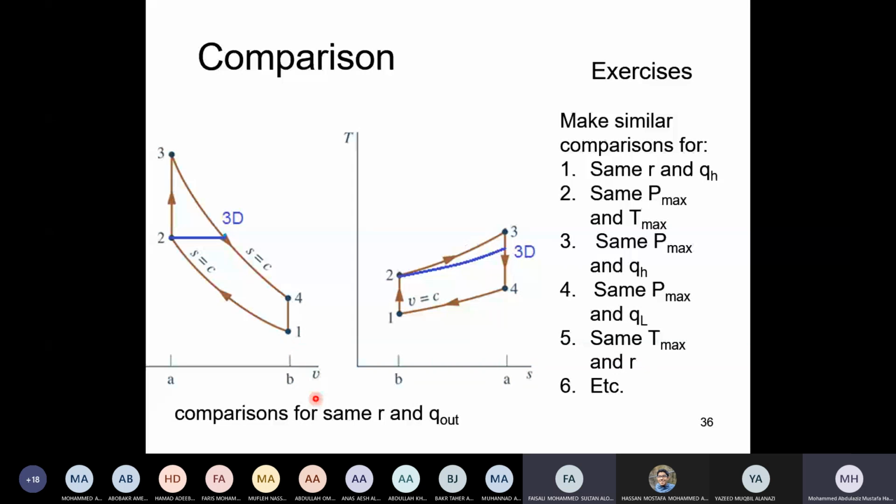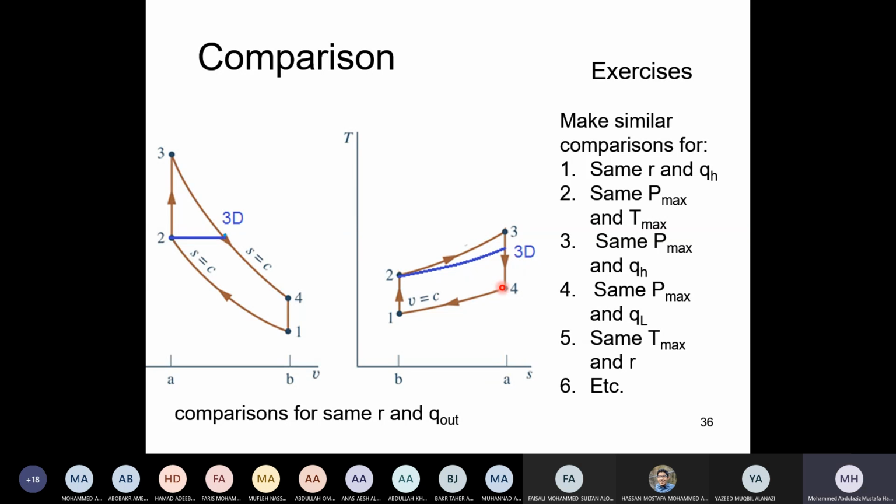The Otto cycle, because QL is less. Is it? What happened to the net work? Yes, because the net work in the Otto cycle is higher. The net work is higher, and QL is the same.